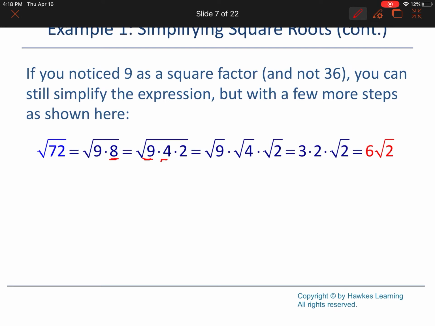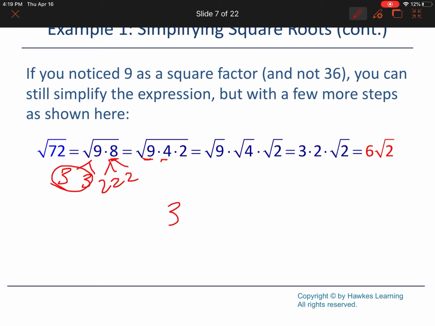So sure, it was easier the bigger the perfect square we found, but certainly it's not easier to do it that way if it takes you a long time to find the 36, right? Now, doing the other method that we were talking about, we could have realized this is 3 times 3, and this is 2 times 2 times 2, right?